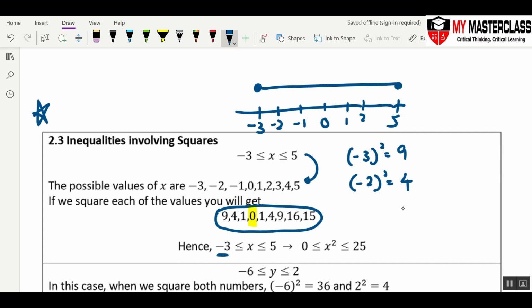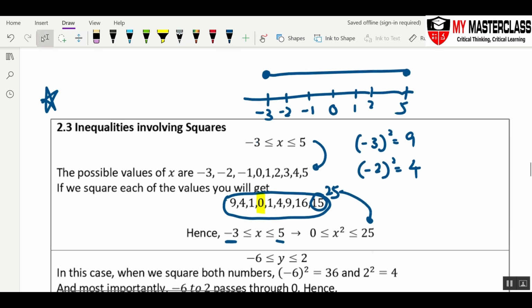Then you have to see -3 squared and 5 squared. Which one gives you the higher value? This should be 25. So I know that the maximum value is 25, but the minimum value is 0.